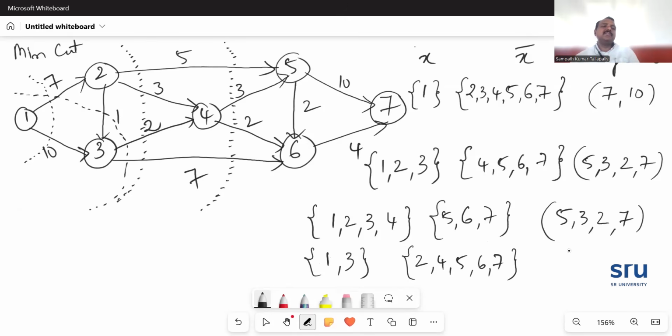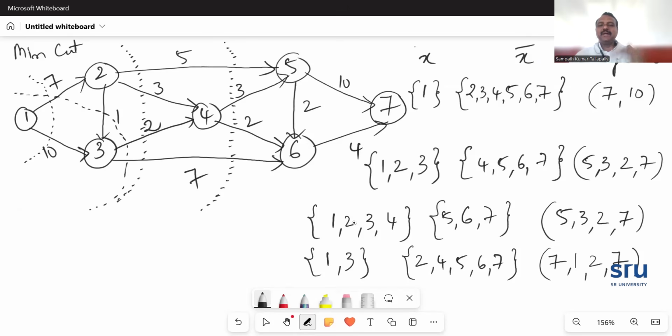So what are the edges we need to cut there? The edges which we need to cut are 7, 1, 2, and 7. So how many partitions could I make now? 1, 2, 3, 4 partitions.